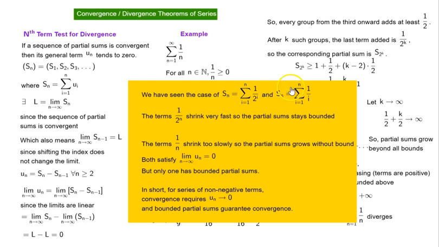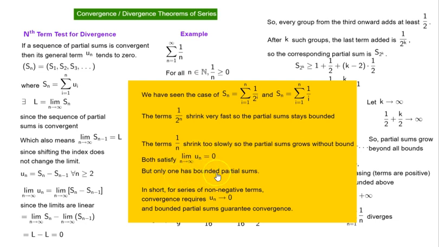Now the terms 1 by 2 to the power of n shrink very fast. So the partial sums stay bounded. The terms 1 by n shrink too slowly. So the partial sums grow without bound. But remember, both satisfy limit as n goes to infinity of u sub n equal to 0.